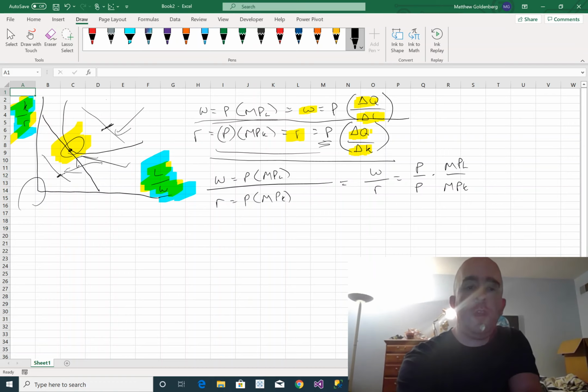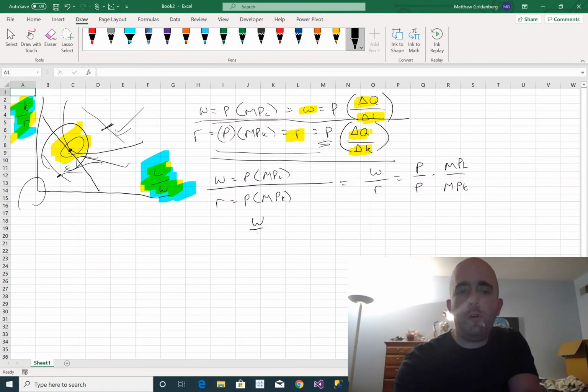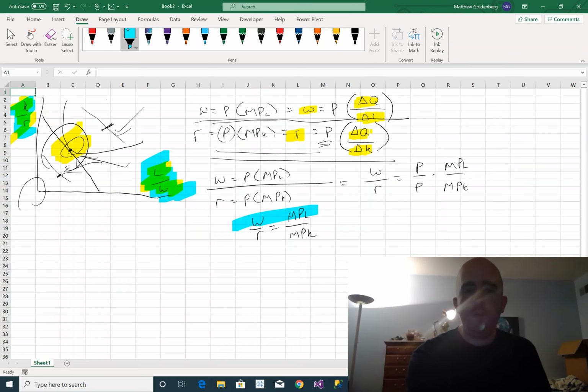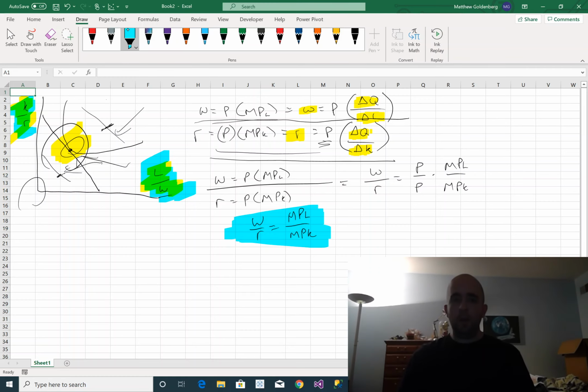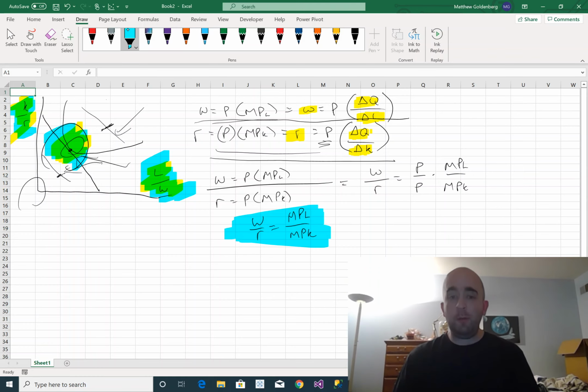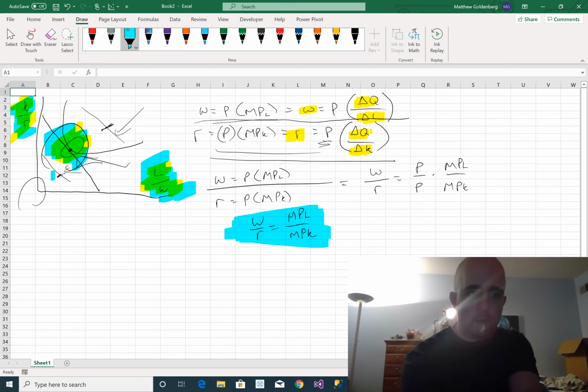Or, to put it this way, that point right there is wage over rate equal to marginal product of labor over marginal product of capital. What I hope I've done is illustrate where this really important formula in econ comes from. Because this is the logic you have to follow in order to really get there.